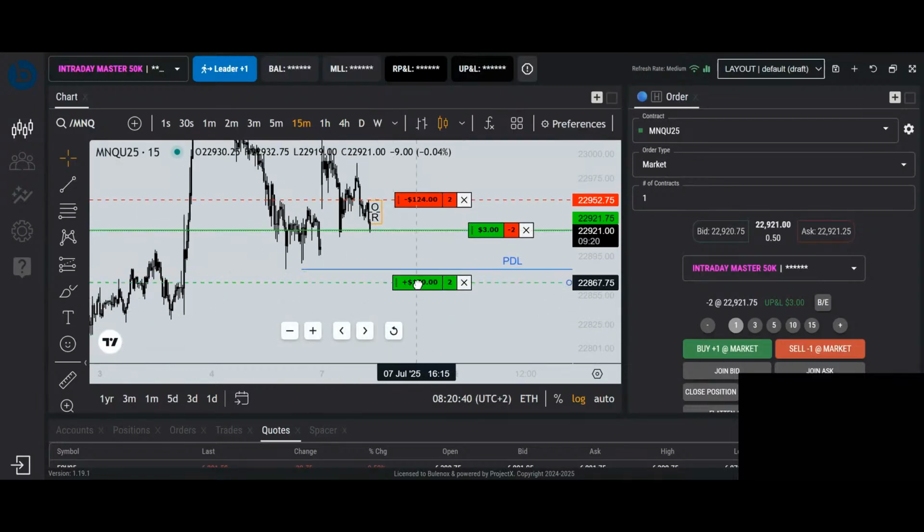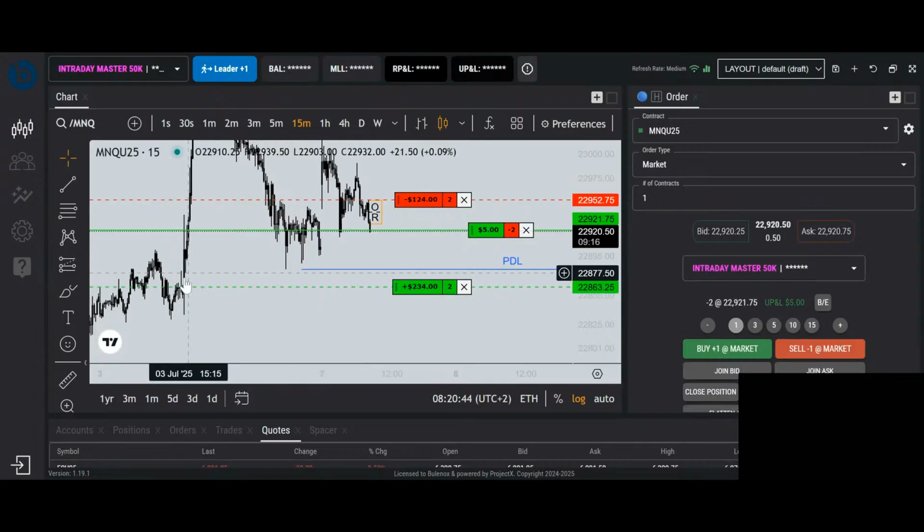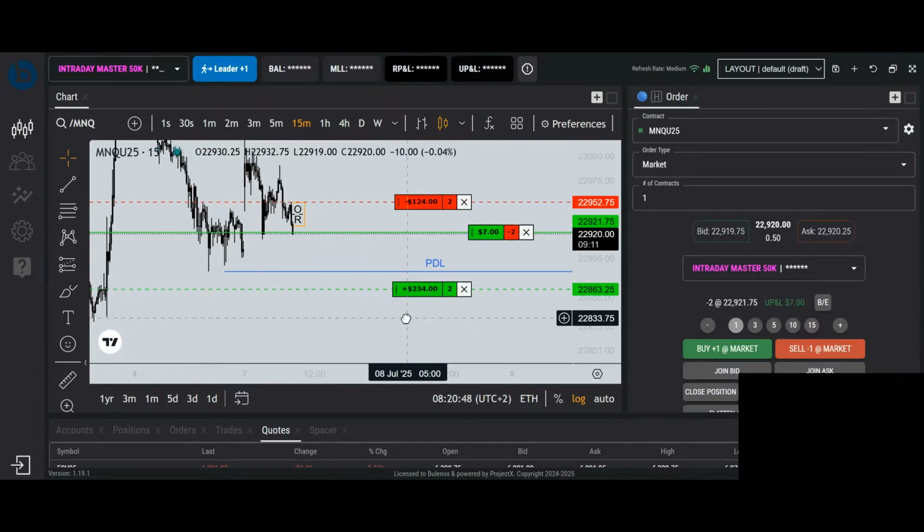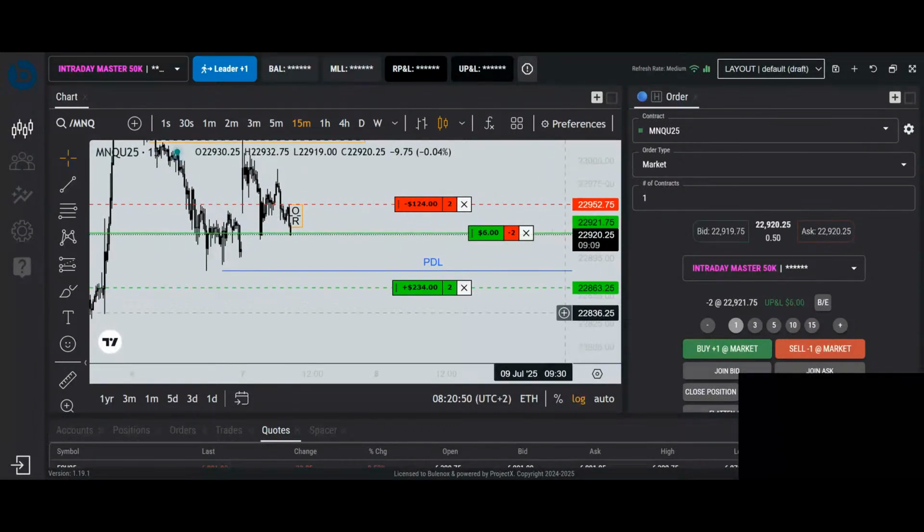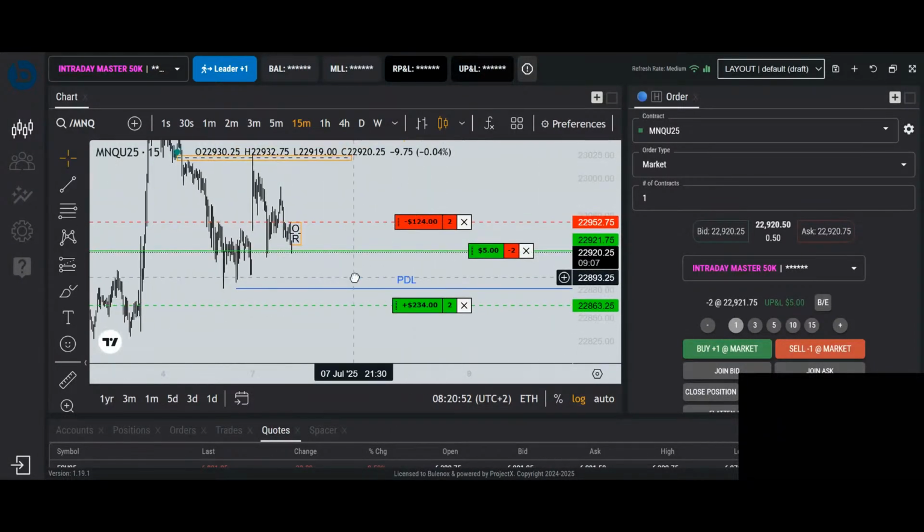If we can go a little bit lower, maybe even the bottom of this value gap that's down here. If we sweep this, there's a big possibility that we will have a very strong push up again.